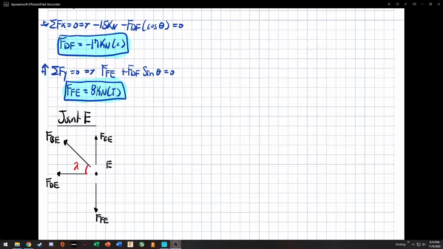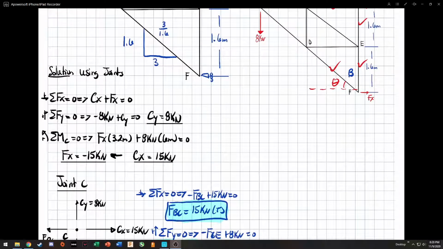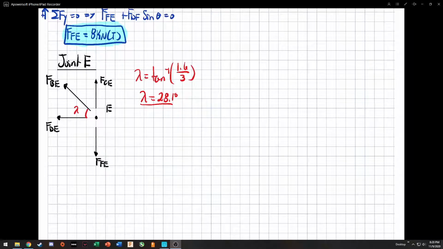To find lambda, all we have to do is look back at our triangle. It's going to be inverse tangent of 1.6 over 3, so lambda comes out to also 28.1 degrees. You can also look at this using the law of interior angles. It's the same as what we found for theta, just moved up. Knowing that, we can start doing our sum of forces in the x and y.